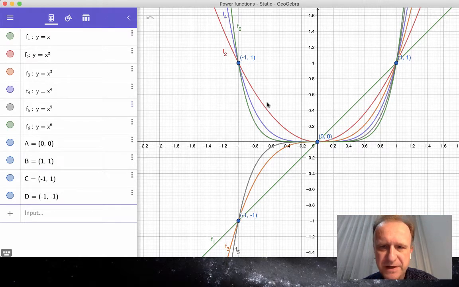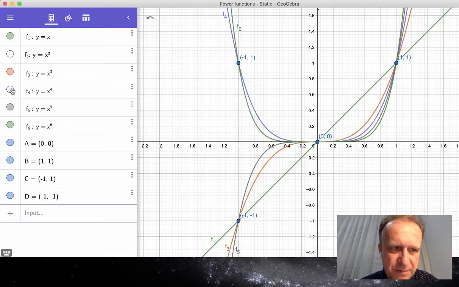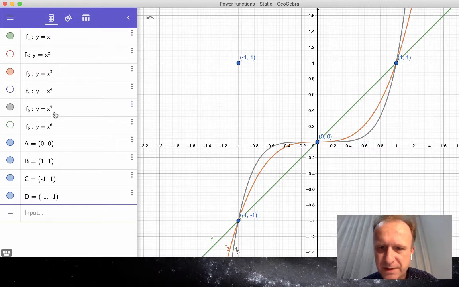Okay, so here are the functions, all of them, and you may notice that for odd powers of the exponent, in our case y equals x to the power of 1, x to the power of 3, and x to the power of 5, the graphs exist in the first and in the third quadrant.